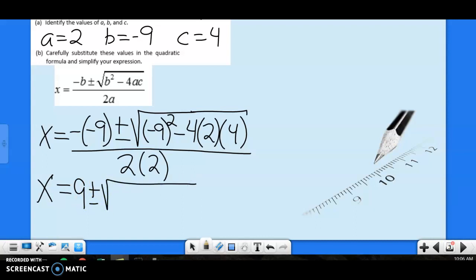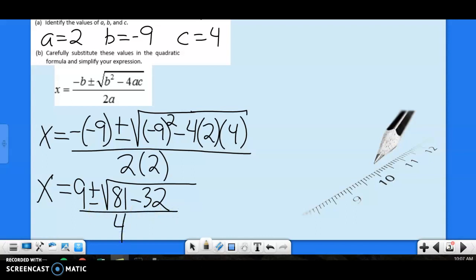Well, 9 is inside the parentheses as -9 squared. So that's negative times a negative. And 9 times 9 is 81. So a +81. And then we got 4 times 2, 8. 8 times 4 is going to be 32. Okay, and then we are dividing this still by 2 times 2, which is 4.